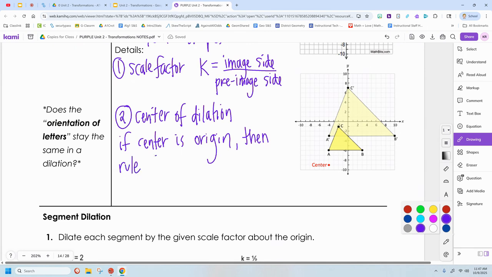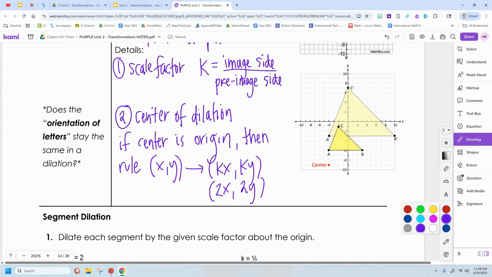You take your (x, y) and you multiply it by k. The k has to be the same on the x and the y. So you couldn't have two different numbers, but something like (2x, 2y) is okay, right? When those coefficients are the same, that's a good rule.